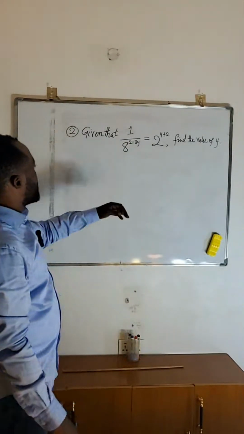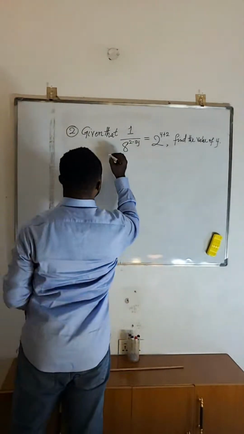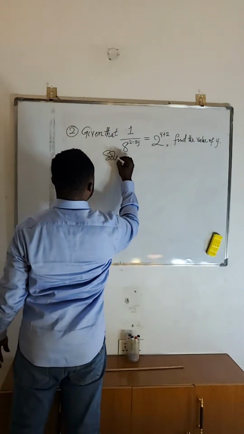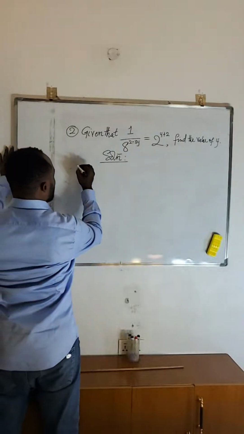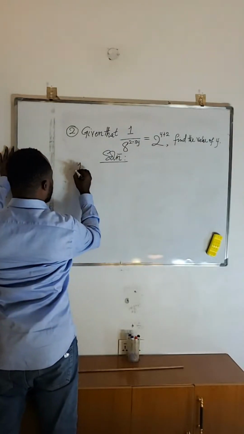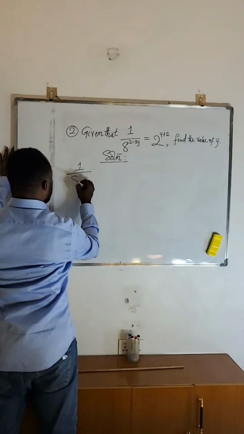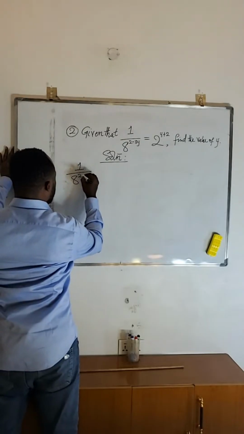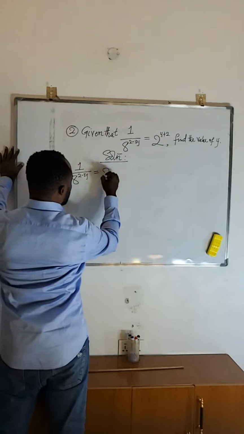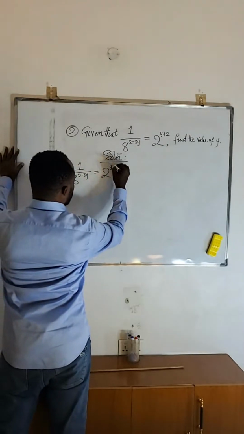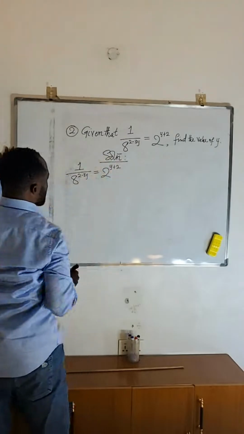Now let's solve this. The solution. We bring the question here. 1 over 8 raised to the power of 2 minus 3y equals 2 raised to the power of y plus 2.